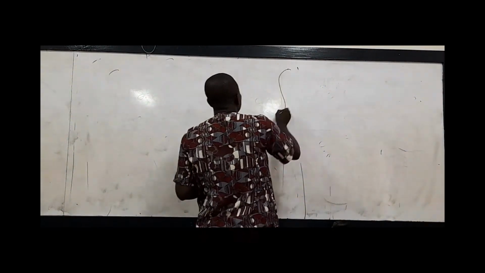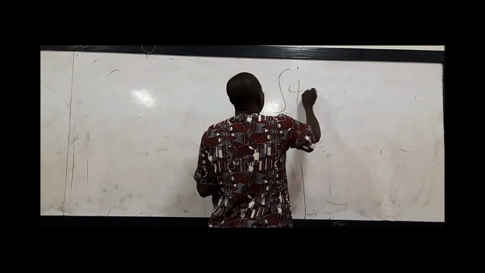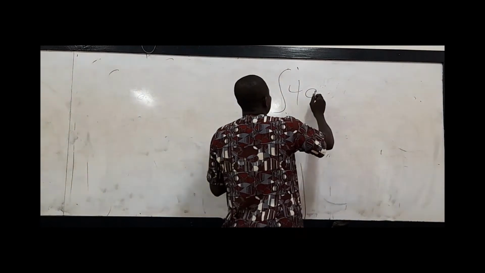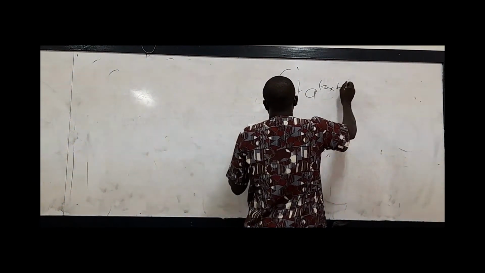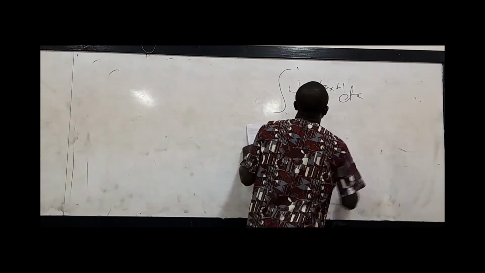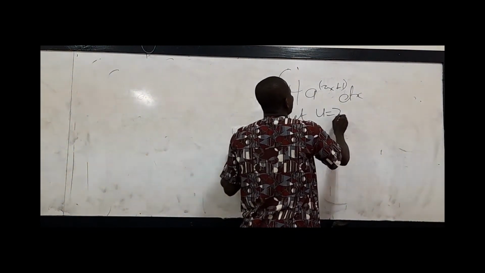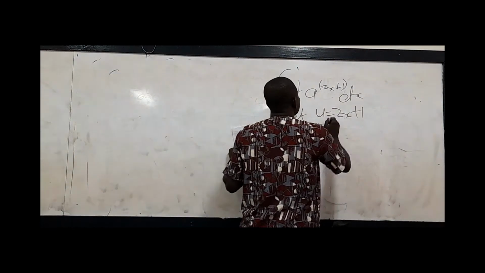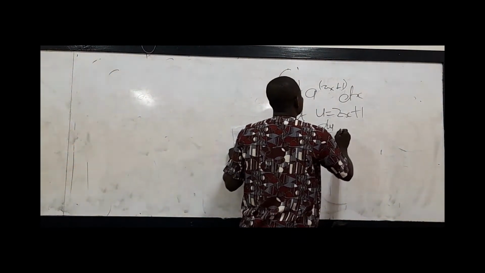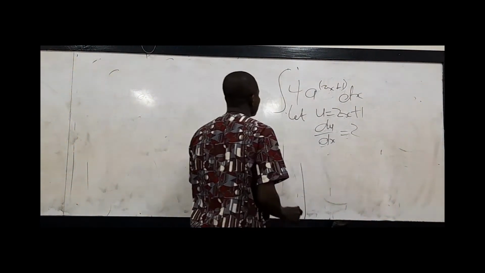You say we have to evaluate the integral of 4a^(2x+1) dx. So what do you do? We let u be equal to 2x+1. So du/dx is equal to 2, right?